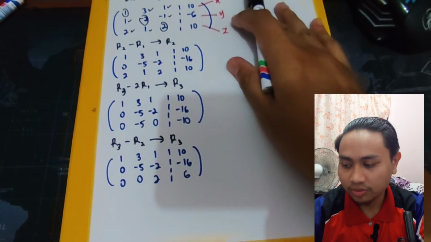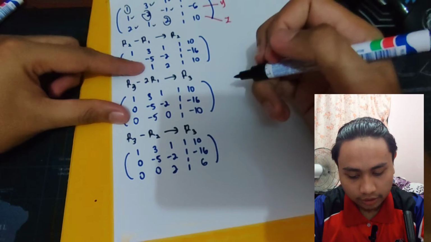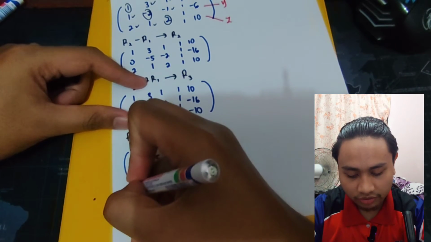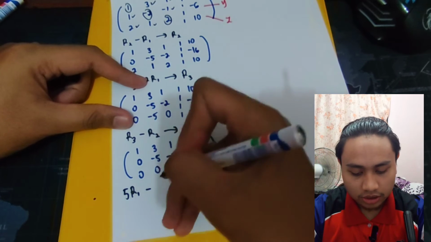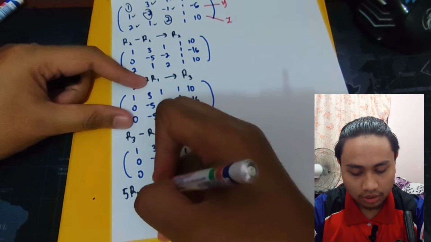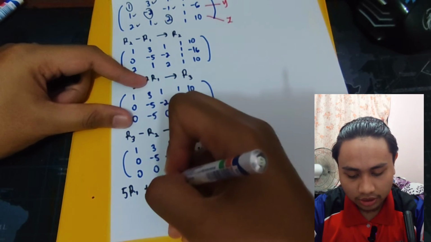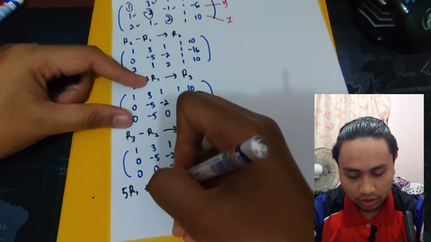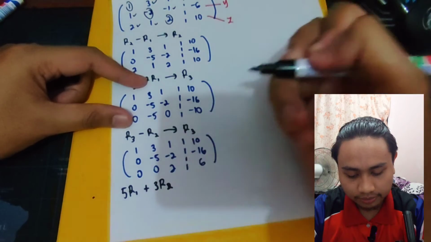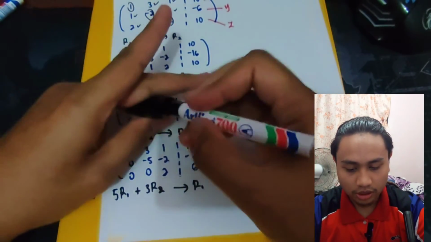Row 1 times 5 plus row 2 times 3, oh no, plus row 3 times 3, then we write it as row 1.